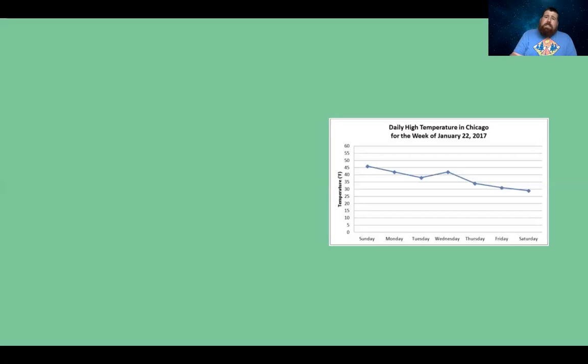Oftentimes we have to analyze data, and we do so via graphs. Graphs are a very important part of this, and one of the important things that I want to show you is that when we're analyzing graphs, we're always going to be putting the independent variable on the x-axis, and the dependent variable on the y.